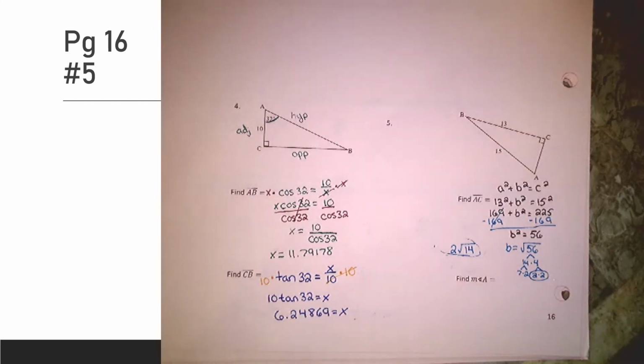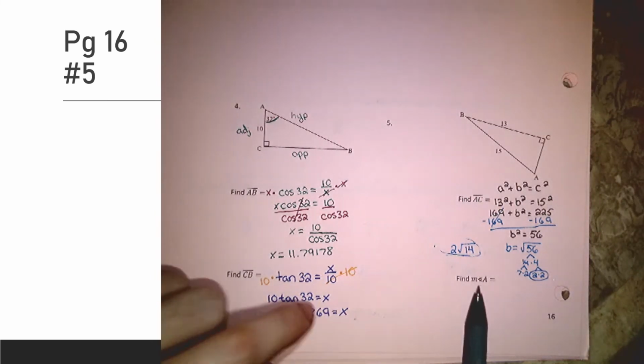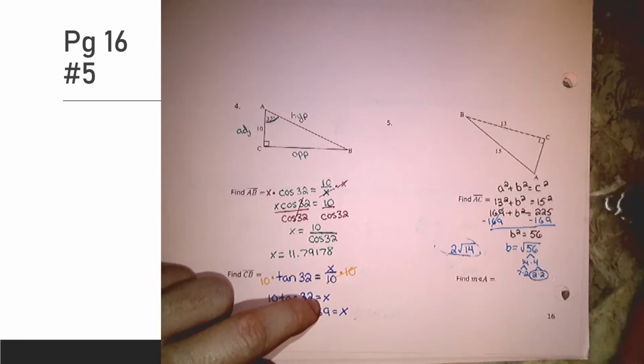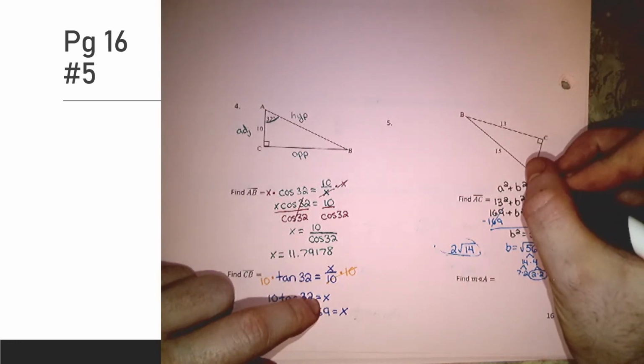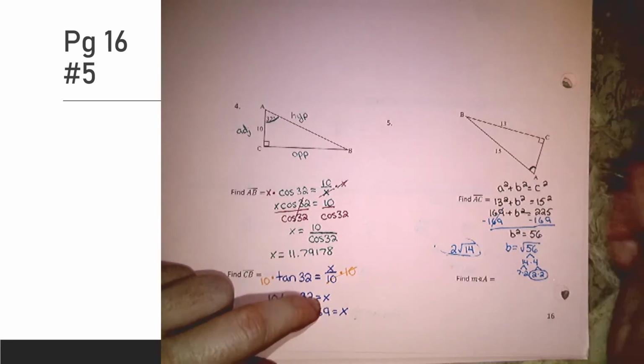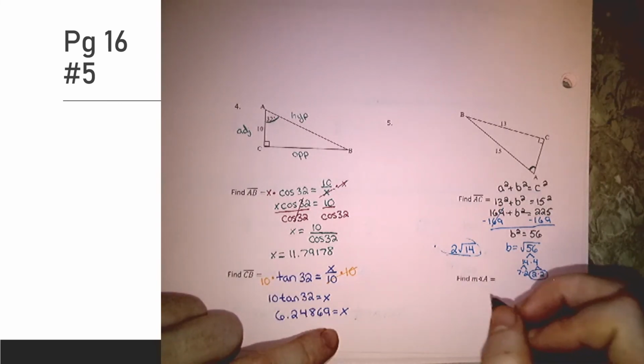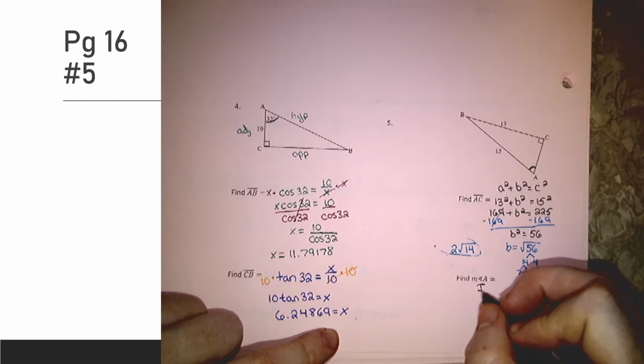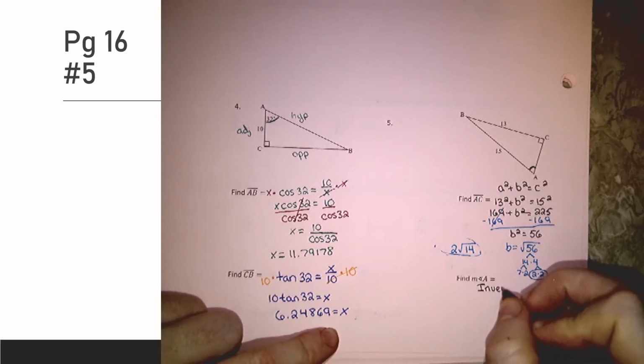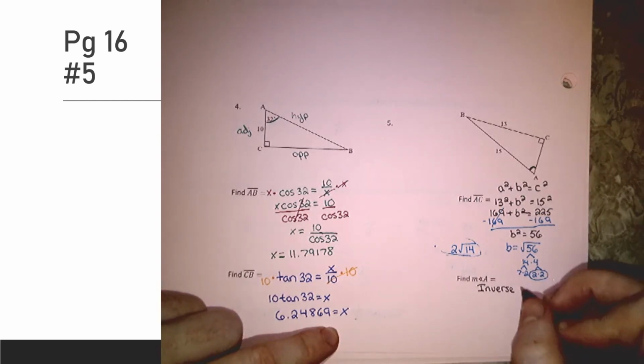Alright, so the next thing that we want to do is find angle A. So what we're trying to do is find this angle here. In order to find an angle, if you remember from the page before, we're going to end up having to do an inverse function.